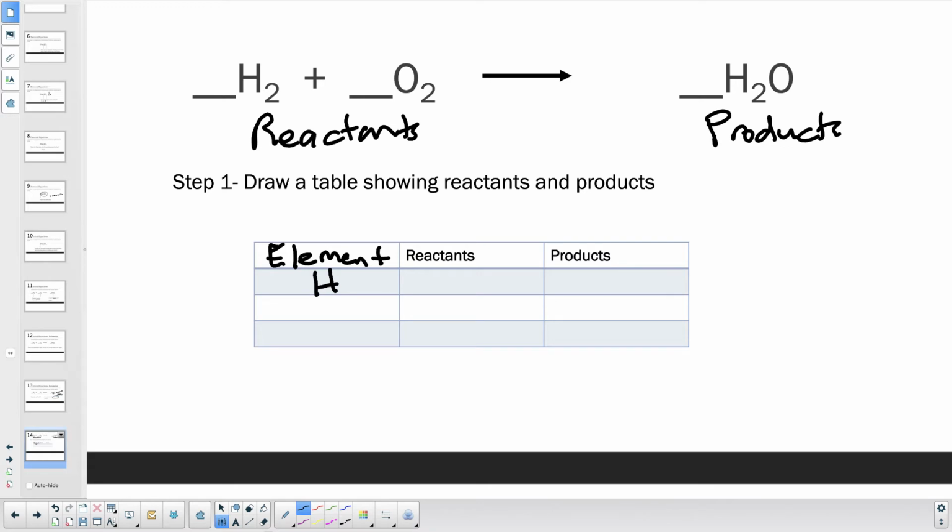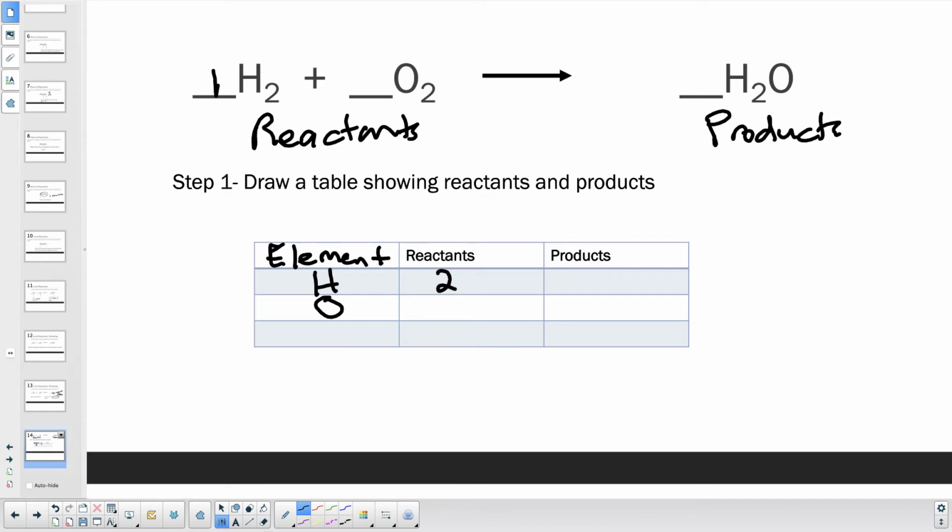So we put H and we put O, and then we count on the reactant side how many we have. The subscript will tell us how many H's we have. So we've got 2, and the coefficient also tells us. So we have to take both into consideration. Since there's no coefficient, we have to assume that the coefficient is 1.